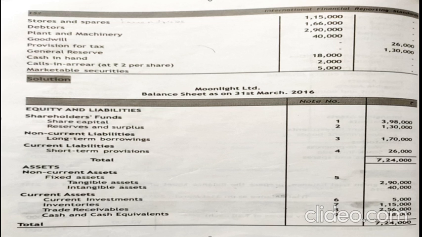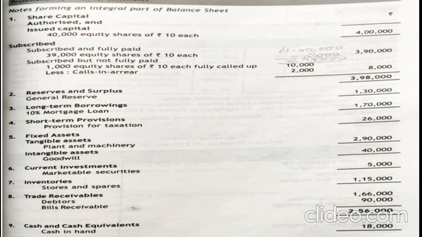Next we have current assets. Under current assets we have current investments, inventories, trade receivables, and cash and cash equivalents, and the working notes are also given. Under current investments, working note 6, we have marketable securities 5,000.